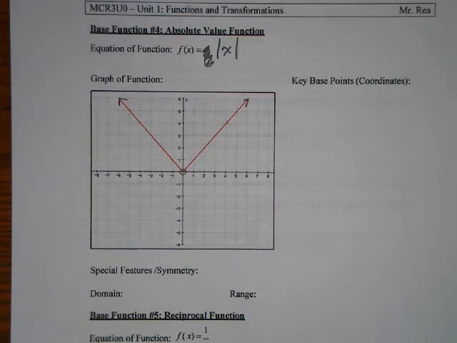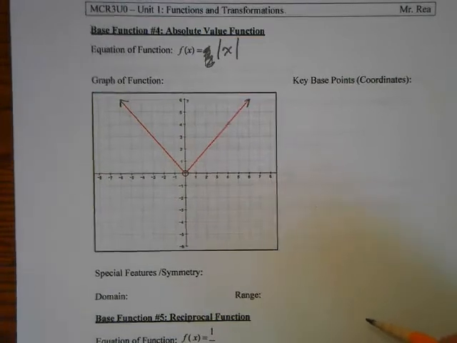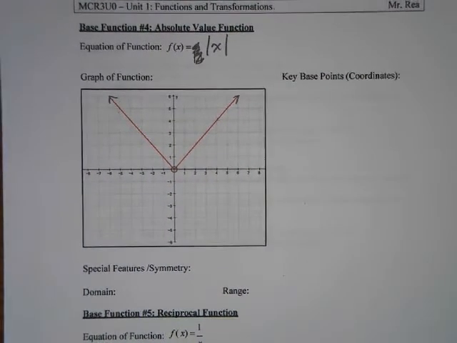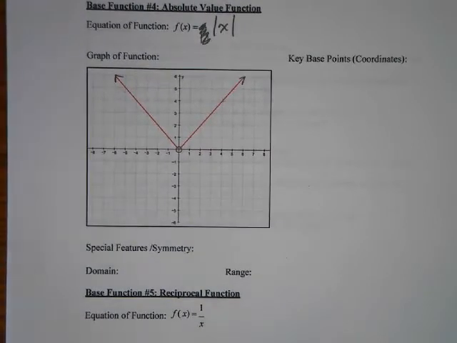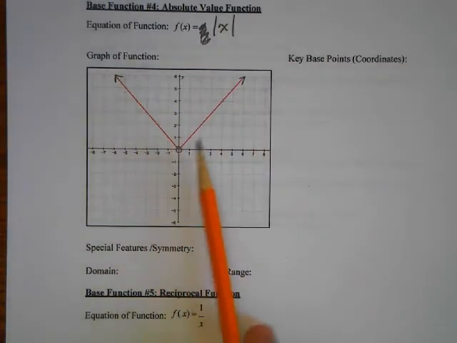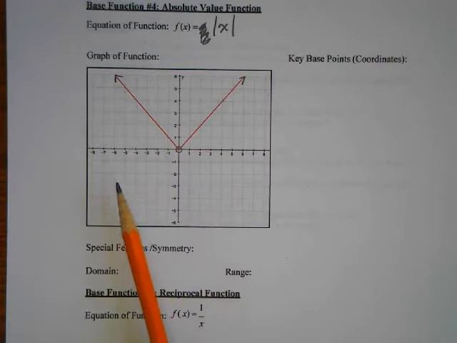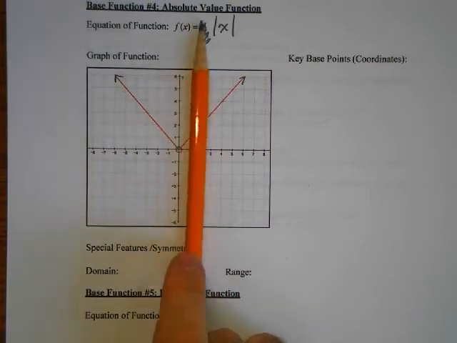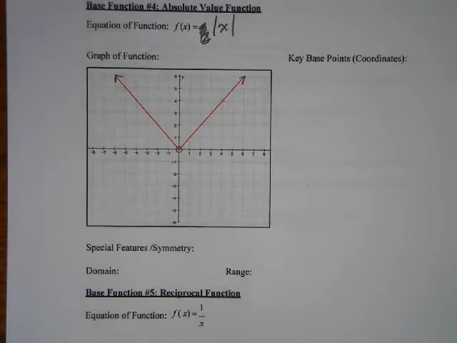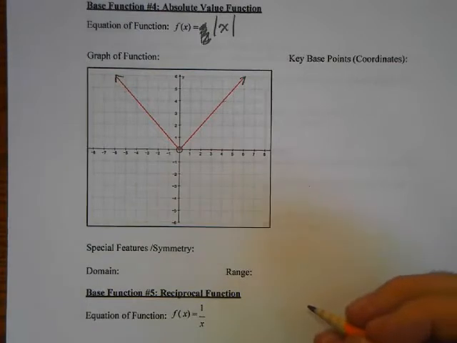You won't see it a whole lot, but it will be used as one of these 5 base functions in grade 11. Okay, let's talk about some of the features. This time, same as a parabola, this just looks like a jagged, very straight parabola almost. If you put a line down the middle, it is symmetrical about x equals 0, just like f of x equals x squared is.